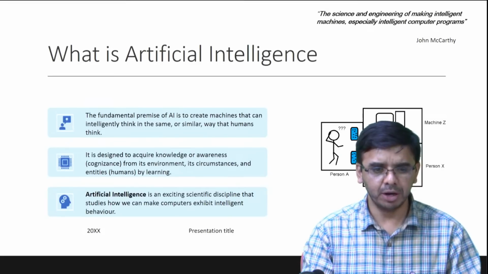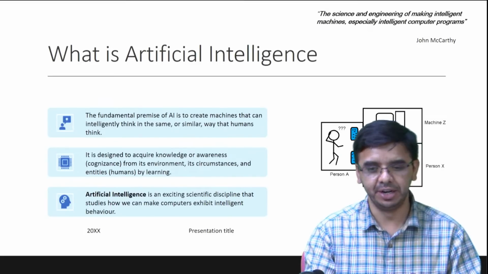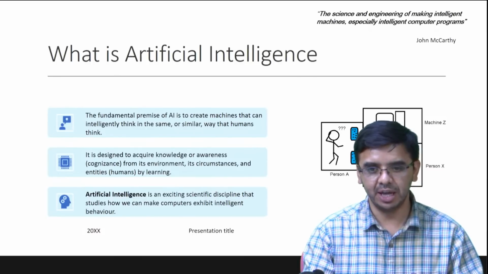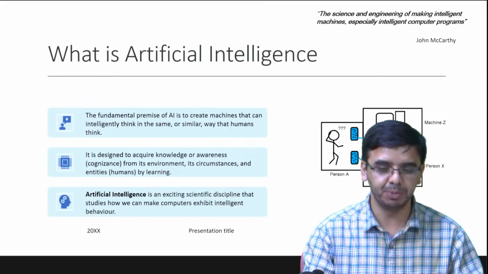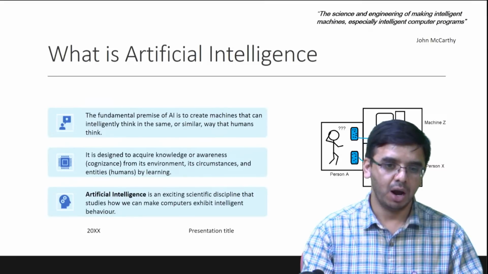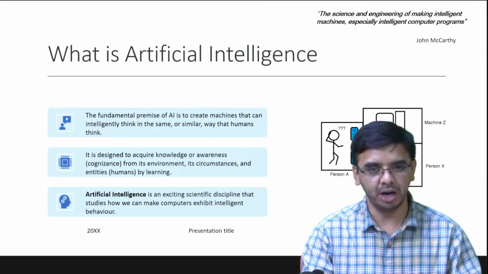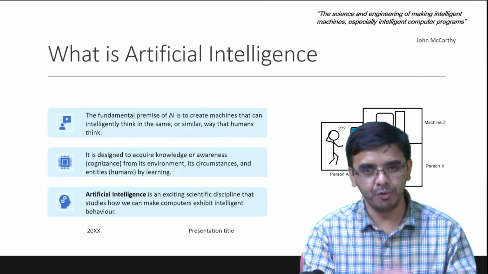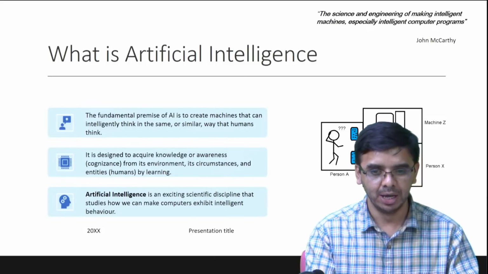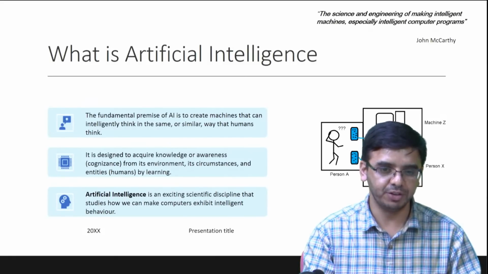Now the question comes, what is artificial intelligence? John McCarthy has given a definition: it is the science and engineering of making intelligent machines, especially intelligent computer programs. Making a machine which has the cognitive ability of a human being is what we call an intelligent machine.